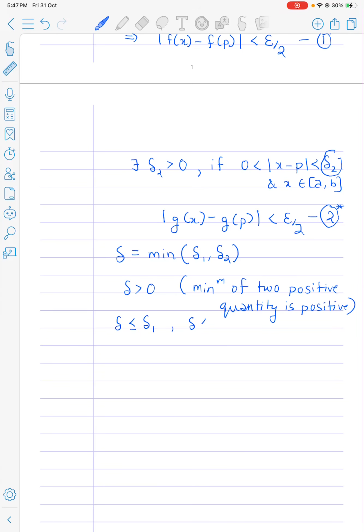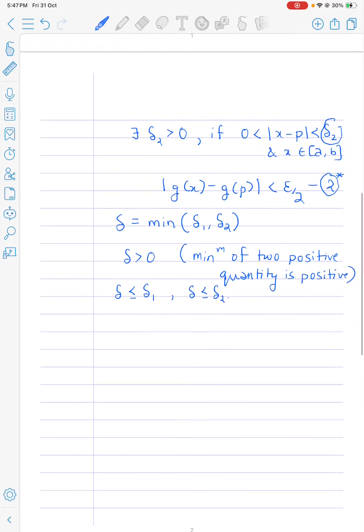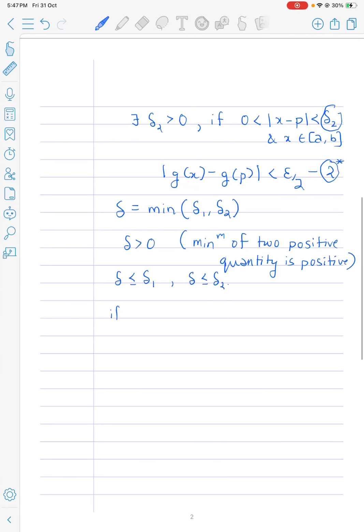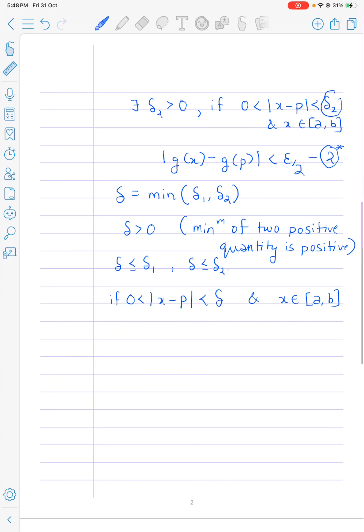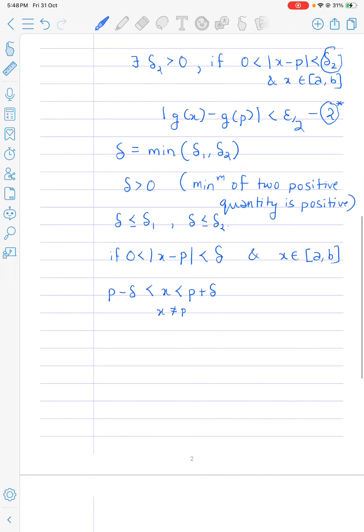Now let's check if |x minus p| is less than delta and x belongs to (a, b), then your x belongs to (p minus delta, p plus delta), and x not equal to p, this one.